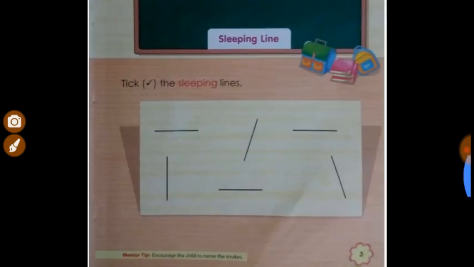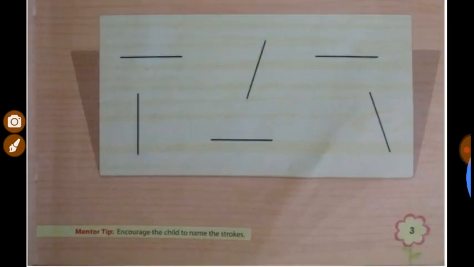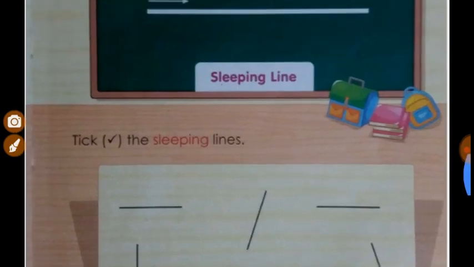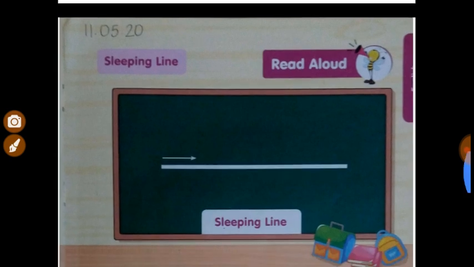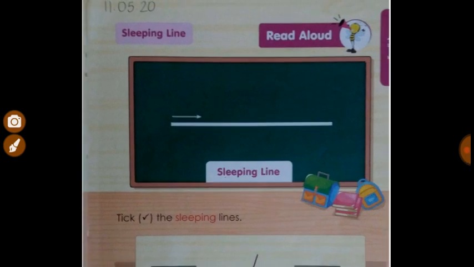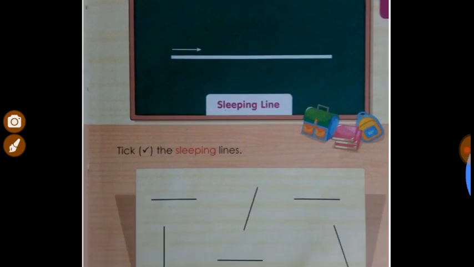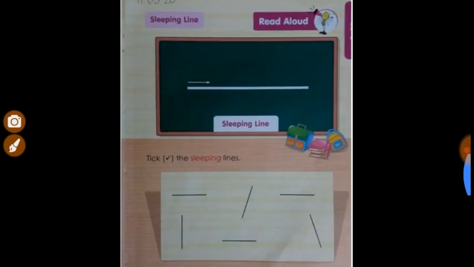So this is the page number 3, as you can see here, on the bottom right side. And mention the date also on the left hand side on the top. Okay? So on page number 3, here is the concept of a sleeping line.